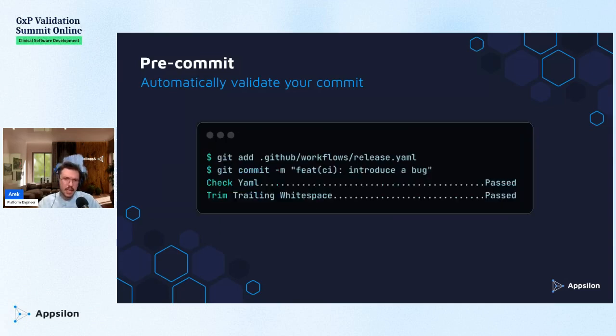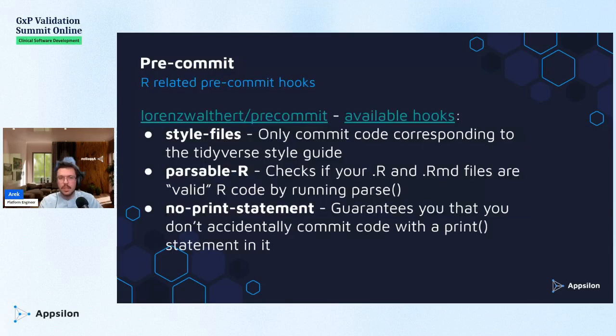And here we have the example when I've just fixed my issue with the YAML file, and I'm trying to commit it again. As we can see, both hooks passed, which means that my commit was saved, and I'm sure that my commit was validated, and it's good within those two hooks.